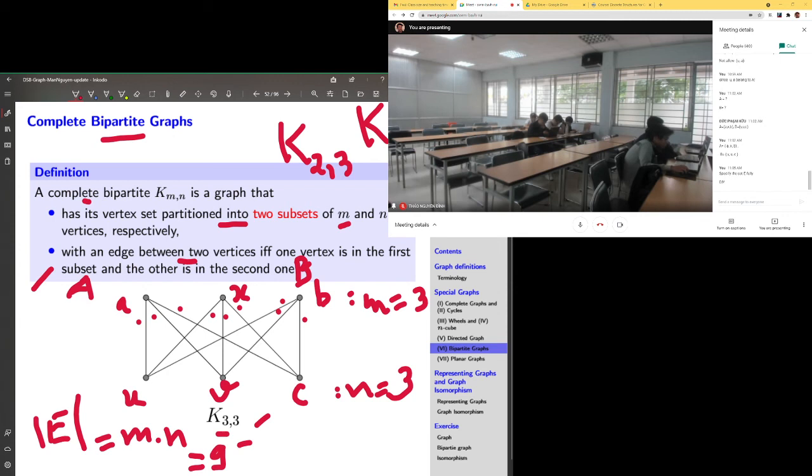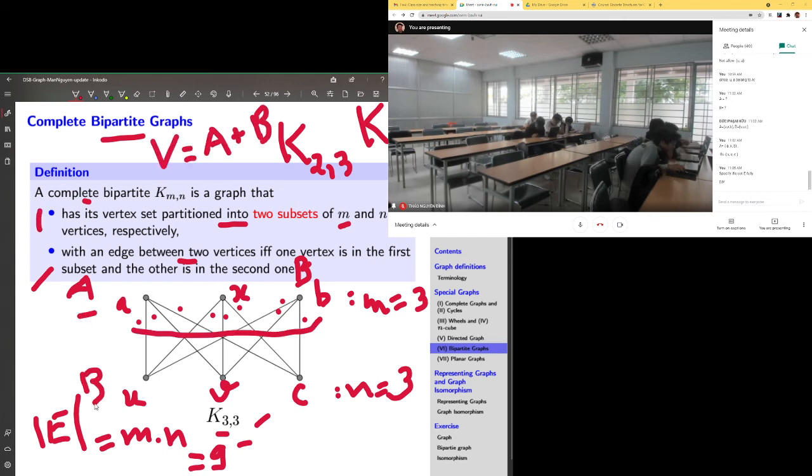So the A means the left hand side here, and the B here on the right hand side, right? So this is bipartite. Then we want to specify the number of vertices on the left, so that's why we can write like this one, understand? Then we do the same thing for the vertices on the right hand side.